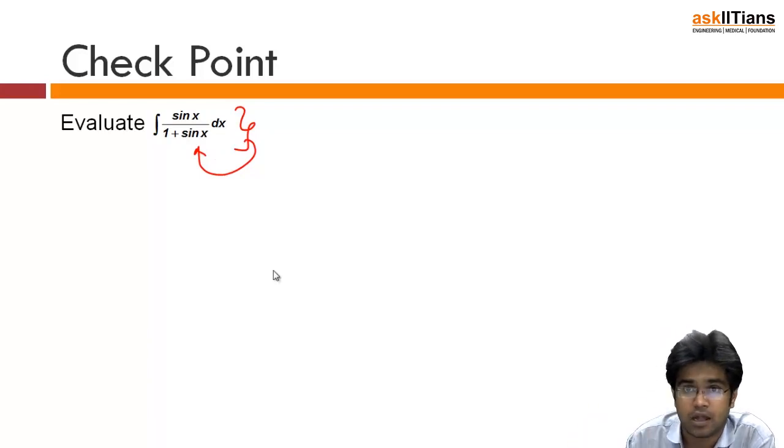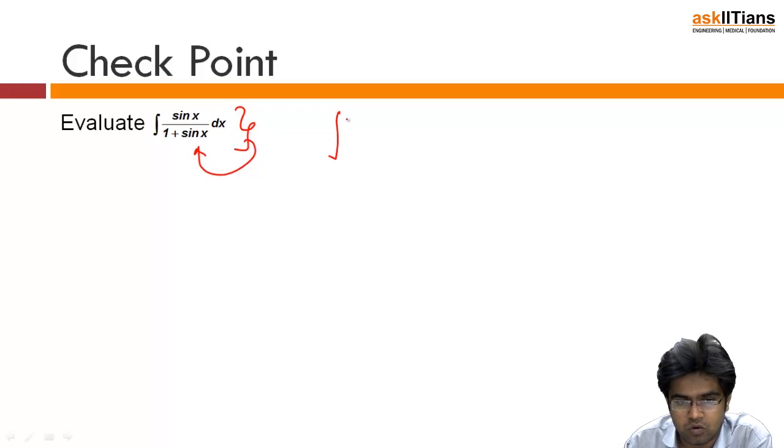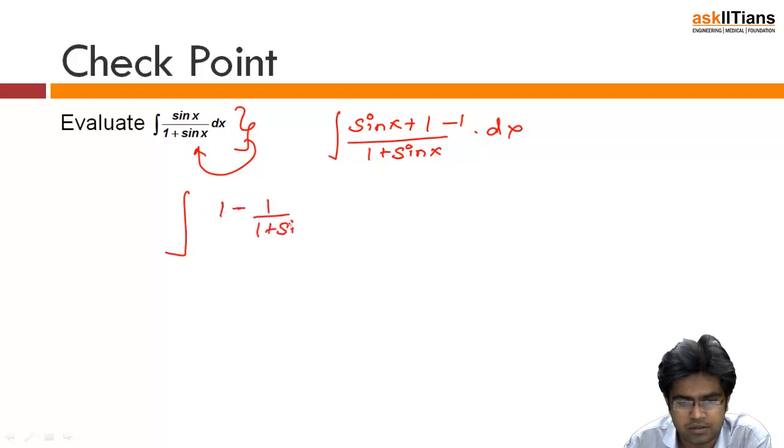Let's see how. What I'm going to do is add 1 and subtract 1 in the numerator, divided by 1 plus sin x dx. Then I'm going to do the partial fraction, so integral of 1 minus 1 upon 1 plus sin x dx.